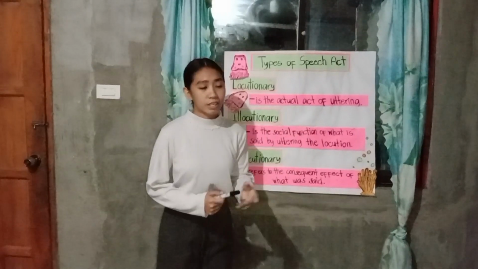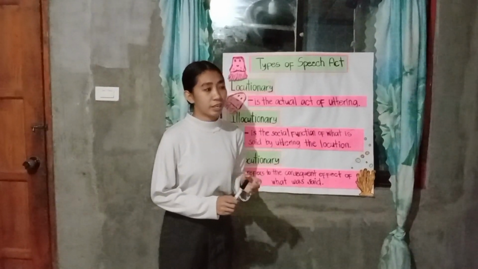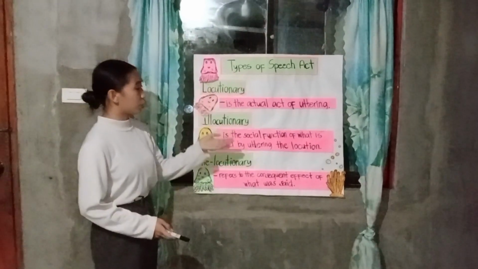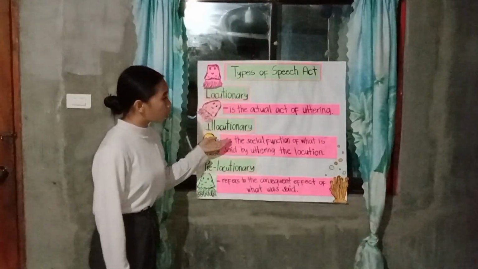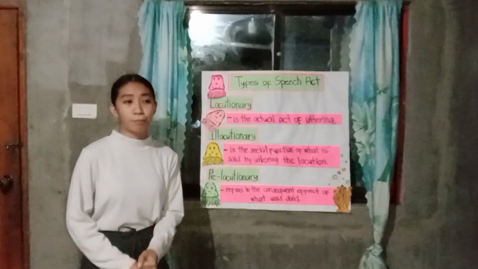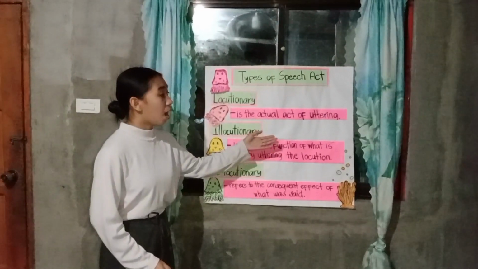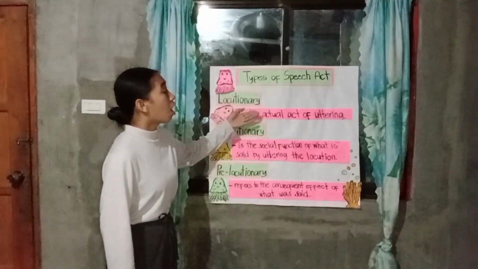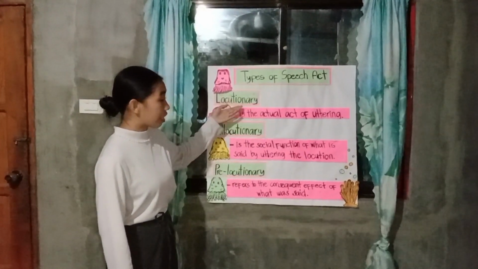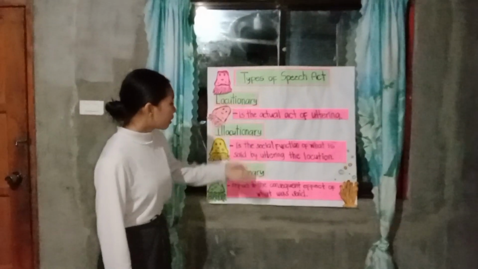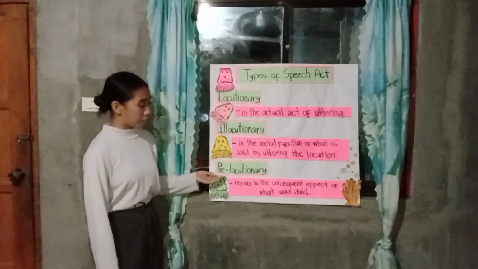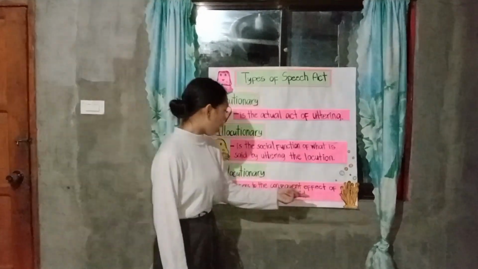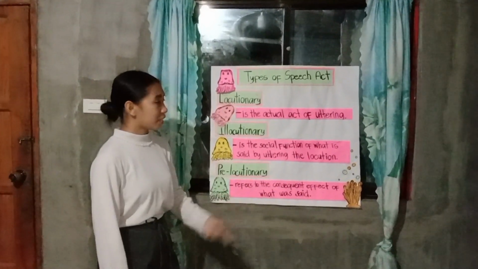For example, the words good morning are our locution. The illocutionary is the intention of what we are saying. Perlocutionary refers to the consequence or effect of what was said.